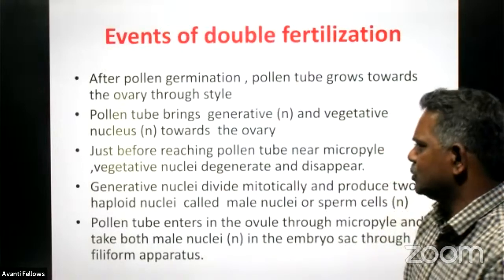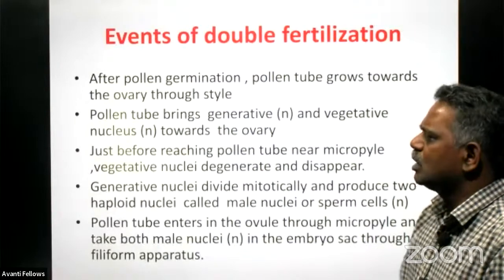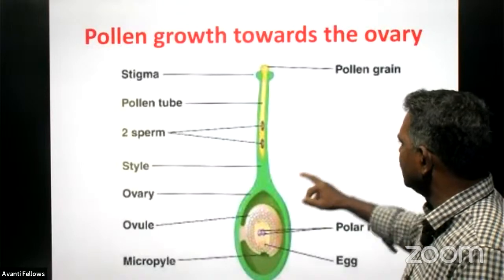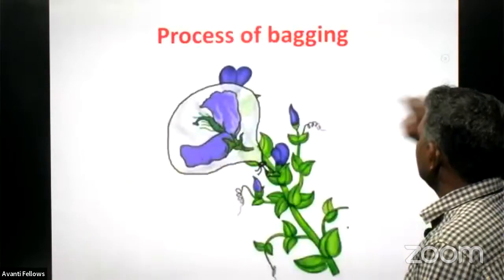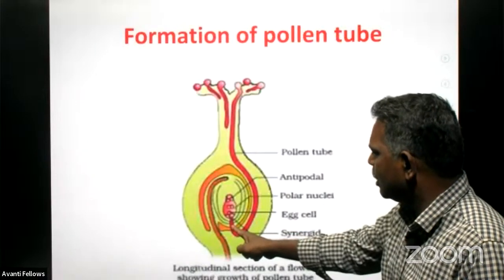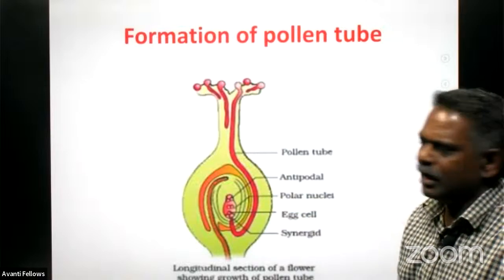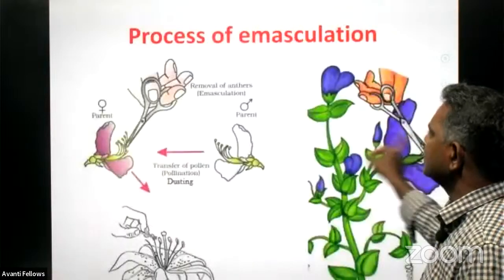Just before the pollen tube reaches near the micropyle, and this is the micropyle, a small aperture, and through the micropyle only the pollen tube is taken inside the ovule.